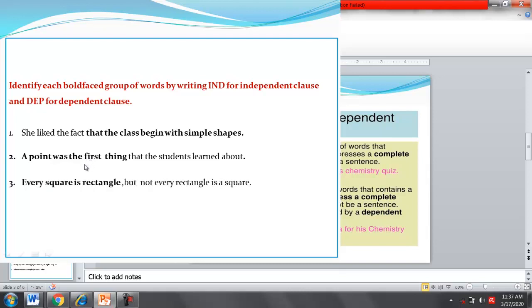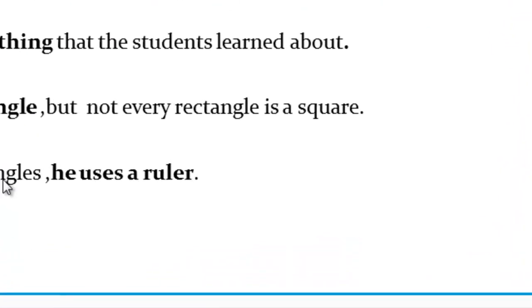And here is the third sentence: Every square is a rectangle, but not every rectangle is a square. The last sentence over here: When Nick draws triangles, he uses a ruler.